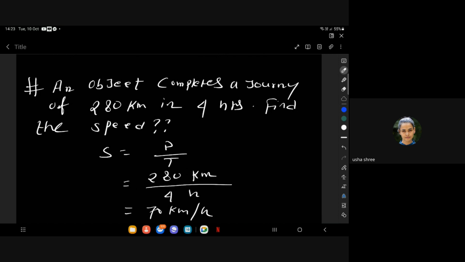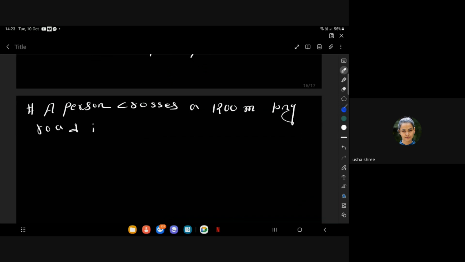Now the problem we will solve. A person crosses a 1200 meter long street or road in 10 minutes.